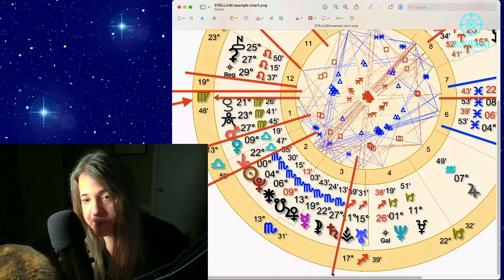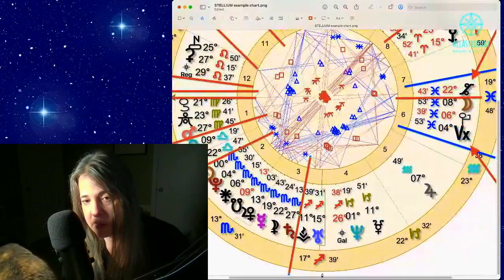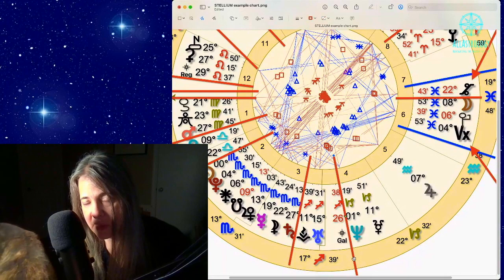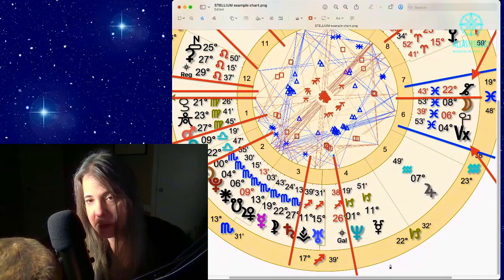Sagittarius stellium. Yeah, wow. Sagittarius stellium. And then this person has lots in Sag. And you could even say the Capricorn too, because the house cuspline and 2 other planets.